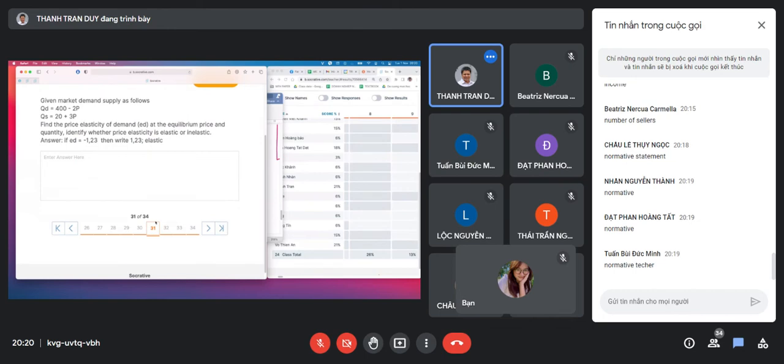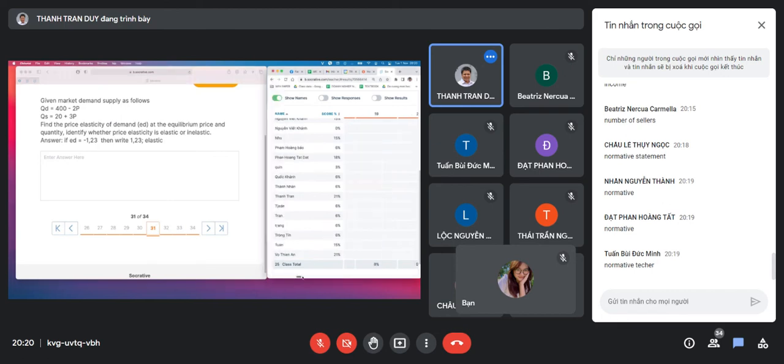You have 5 minutes to answer questions 31 to 34. Can you do this problem? Yes or no?